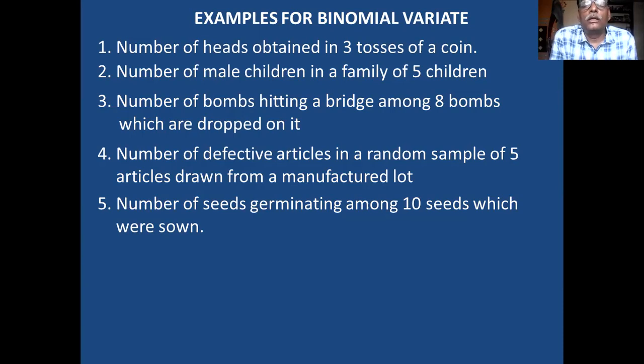And remember, in the binomial distribution, they will give you the N and P. N means the total number of events and P means the probability of the event happening. These 2 points will be given.